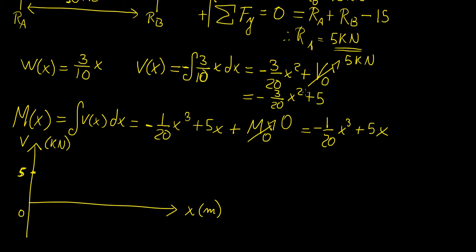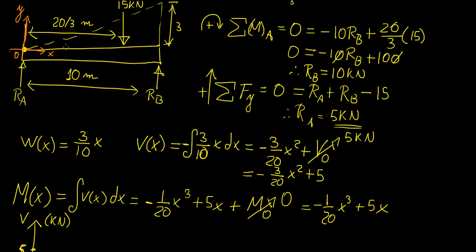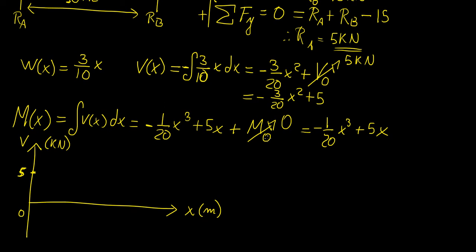Now the next thing we're going to notice is that this is essentially pushing down on it, but there's more force on the right hand side than there is on the left hand side. So in essence, we could try and calculate where the maximum is going to be. In order to do that, we differentiate this function.